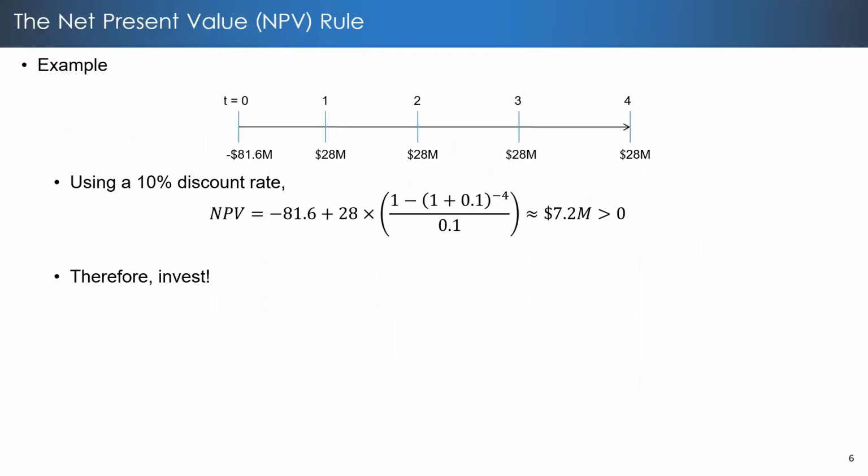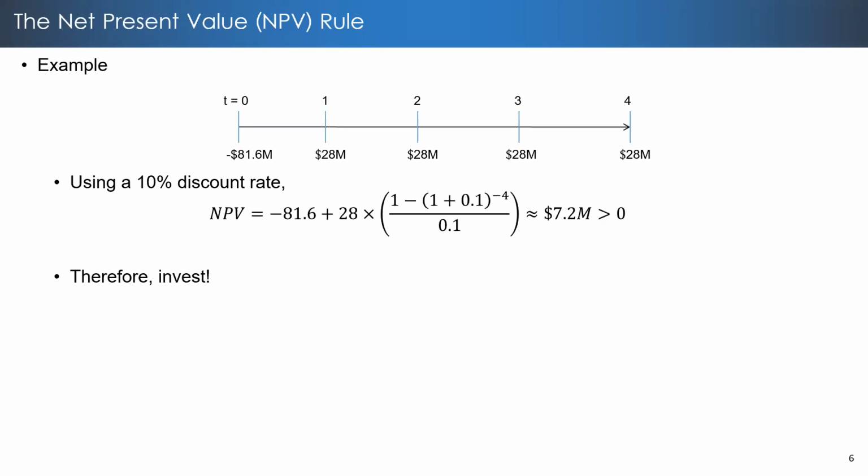So if we have a project that has a cash flow pattern like this, we take an initial investment of $81.6 million, and we're going to receive a $28 million free cash flow for the next 4 years. How do we determine if we want to take this project or not, given a 10% discount rate? This is basically how we calculate this.